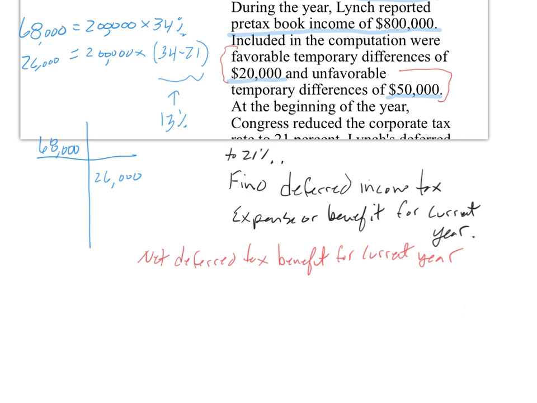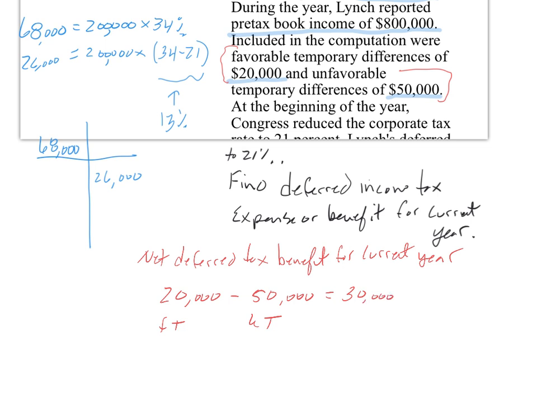So we've got $20,000 of favorable temporary minus $50,000 of unfavorable temporary, and that gives us $30,000.